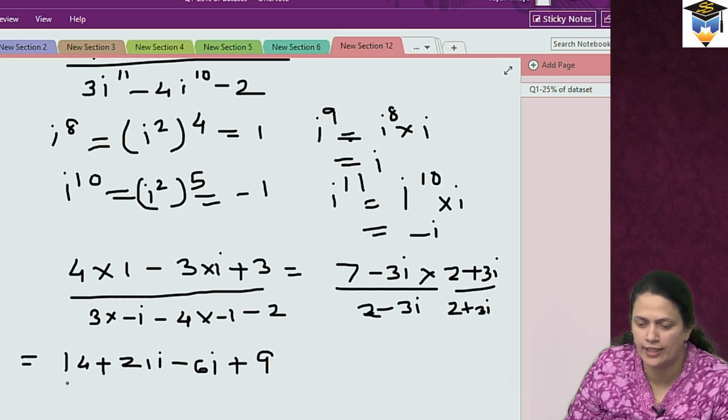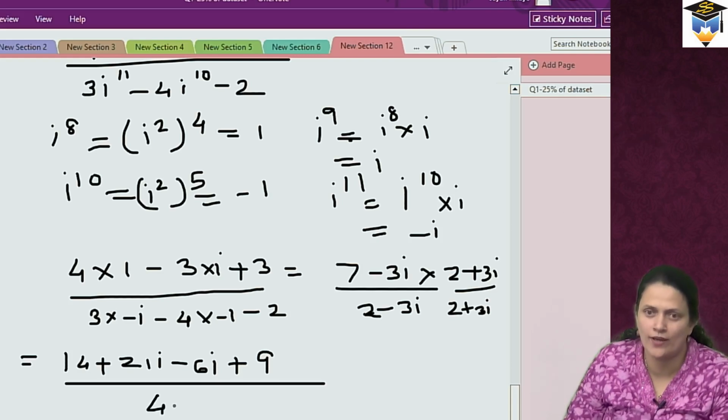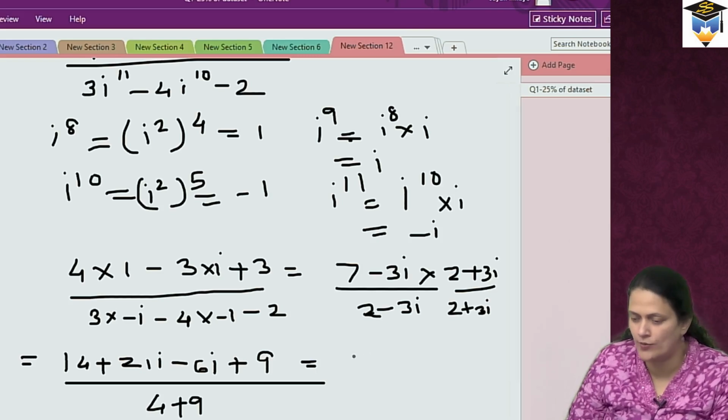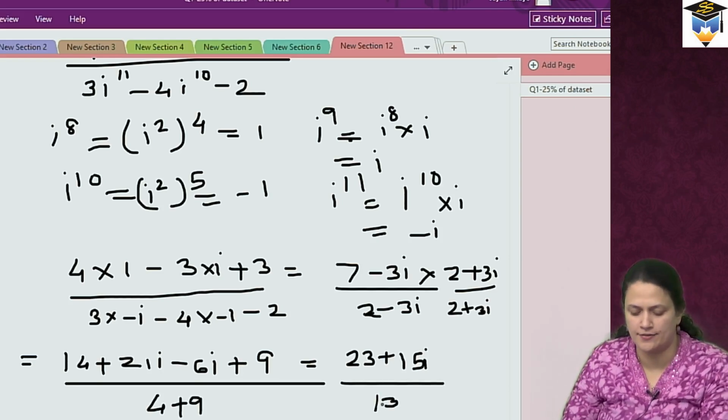I am going to directly write it down. Upon 4 minus 9i square, so that is plus 9. So the answer is going to be 14 plus 9, that is 23, plus 15i upon 13. Okay, this is the final answer.